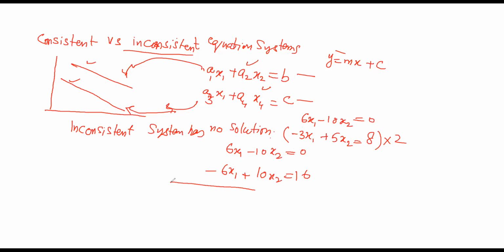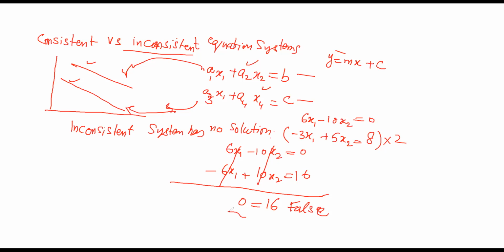And now I will add these two equations. So x1 will eliminate, okay? And then minus 10x2 plus 10x2, they will also eliminate. So I will get 0 is equal to 16. Now can you say that 0 is equal to 16? That is false.